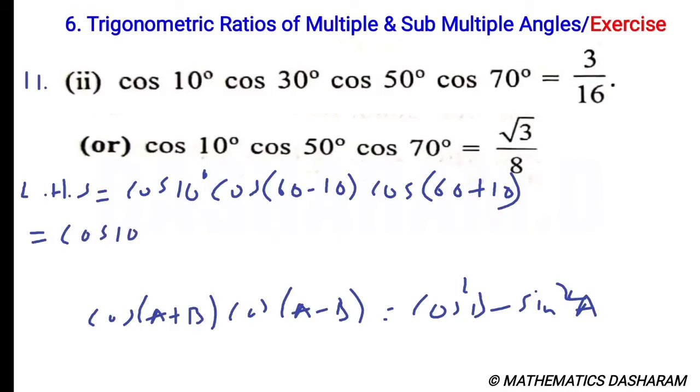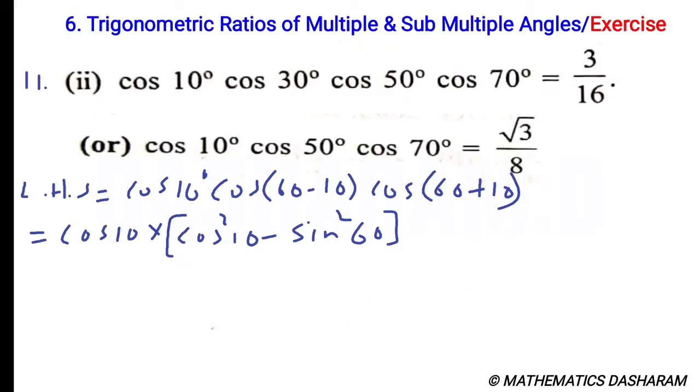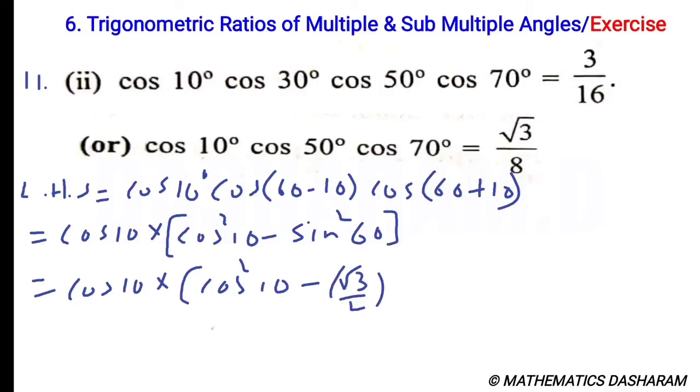So cos 10 degrees into, take the bracket here, cos square B, B value how much? That is 10, minus sin square A. So A value 60 degrees. So here sin 60 value is, cos square 10 minus sin 60, root 3 by 2 whole square. So let's simplify this.